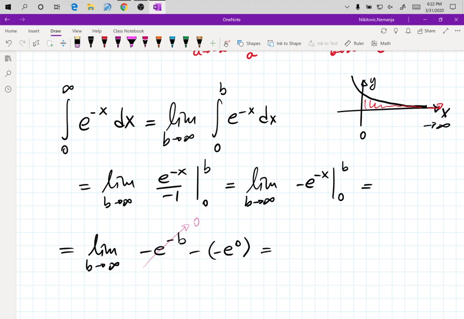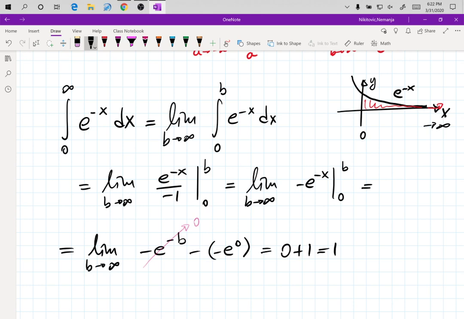When you have e to the negative x, as x goes to infinity, your y value drops down to 0. So if b goes to infinity, you have e to the negative, so it goes to 0. You don't put negative 0, it's just 0. So you have 0 plus 1 equals 1.